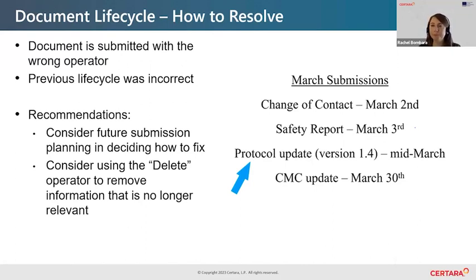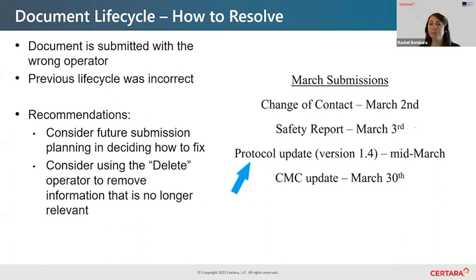But also for information that might be updated or added to, consider future submission planning. Instead of just updating with the next submission or when it's most convenient, try to look at what is planned for that application.